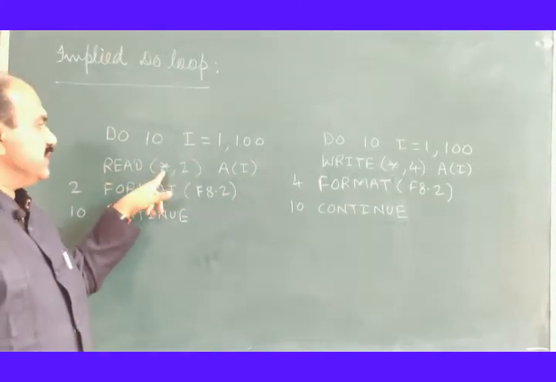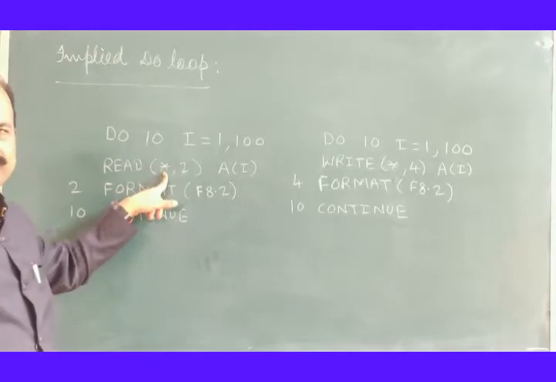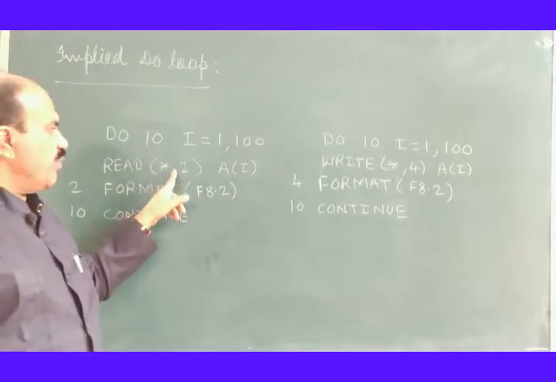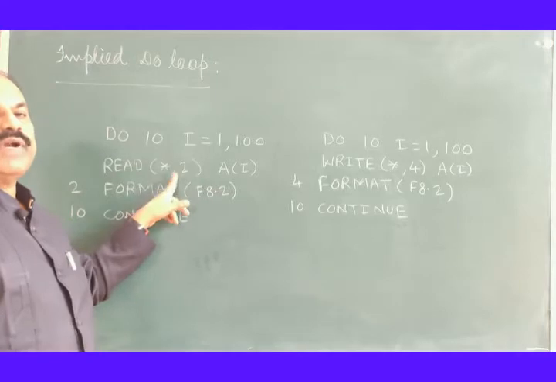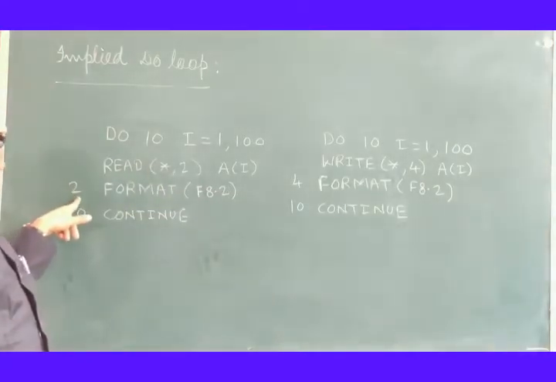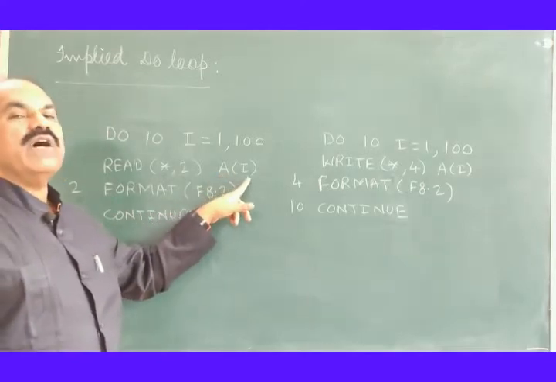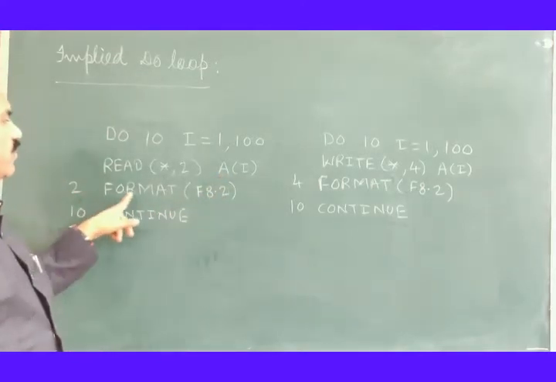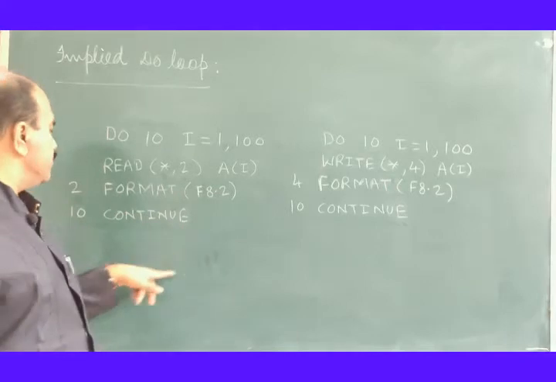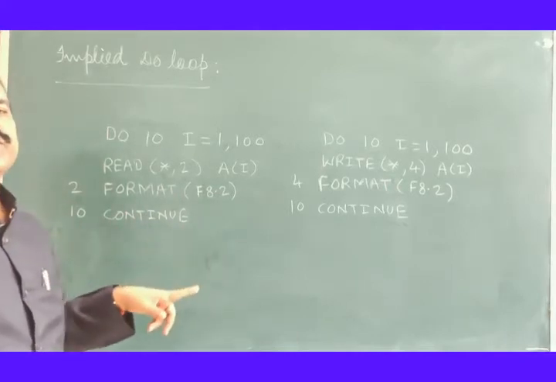Read default input device, that is asterisk comma 2. Format of reading is given in statement number 2. A of I to format F8.2, 10, continue.